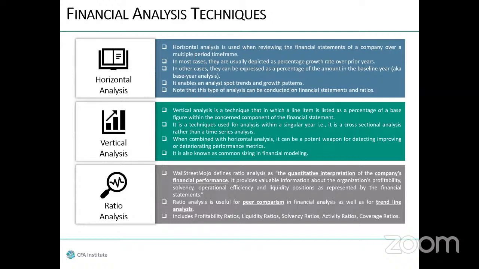Now, there are about 6 key types of ratios. We'll focus on 5 because the sixth one is more related to valuation, and I'm sure there will be a separate part of the curriculum where you deal with valuation. So I'm leaving out valuation ratios, like price-to-earnings ratio and the EV/EBITDA multiple.